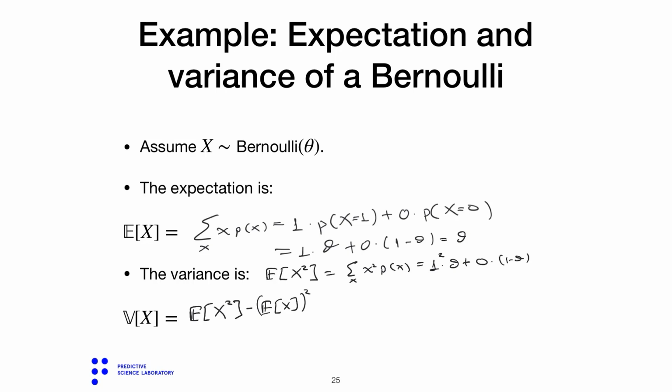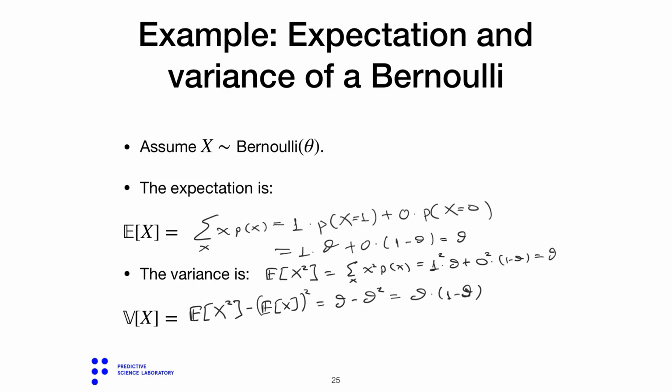Of course, this 1 is squared, which is the same as 1, and the 0 is squared, which is the same as 0. And this is going to give us, again, theta. Plugging everything in this formula, we get that the variance is theta minus theta squared, which can be written as theta times 1 minus theta.